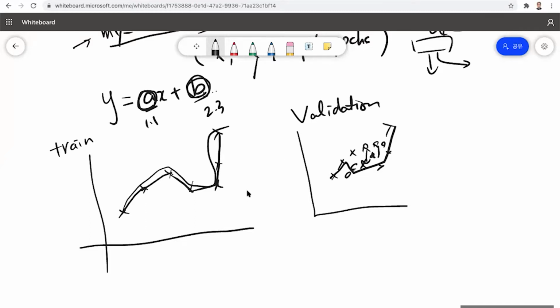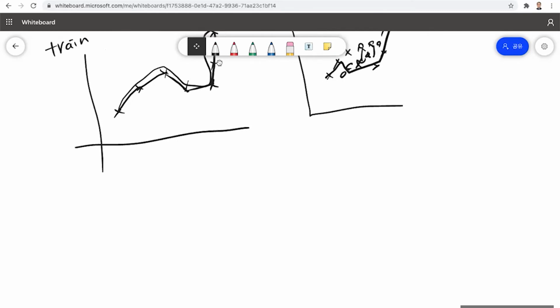So how can I prevent overfitting? Well, just reduce the number of epochs. But we do not know how many epochs I need for accurate predictions. So that's why we make the plot of this one. This is the epoch, and this is loss.